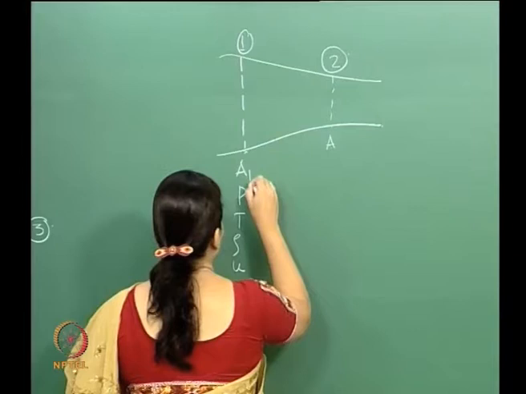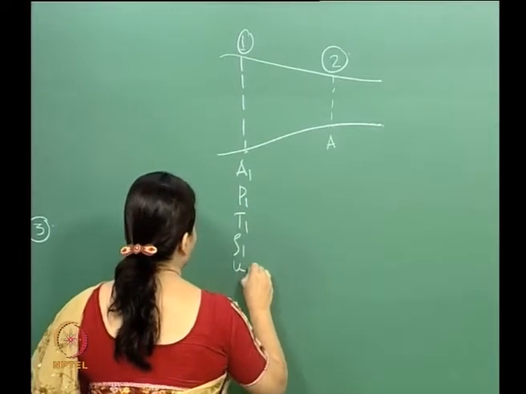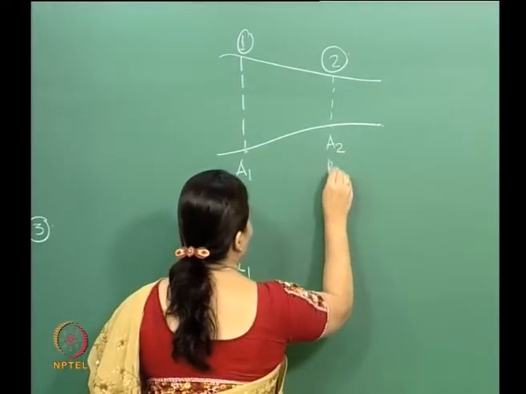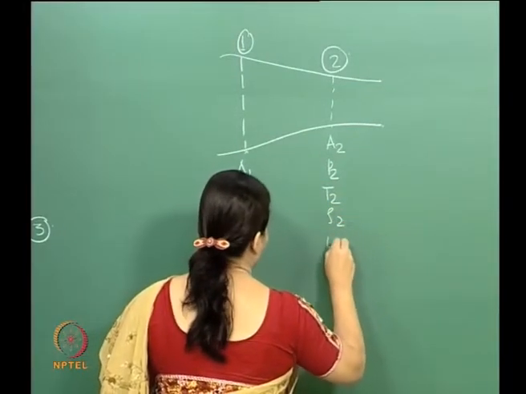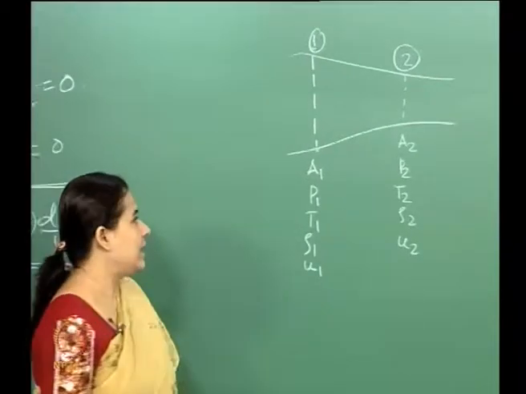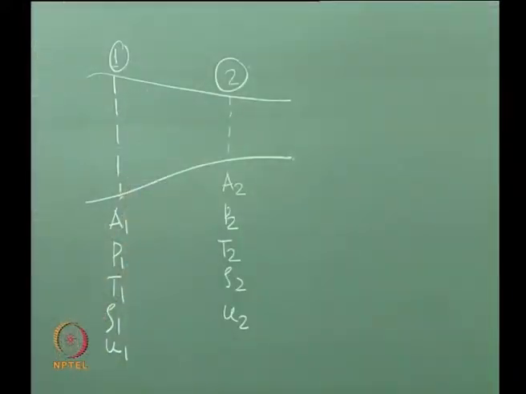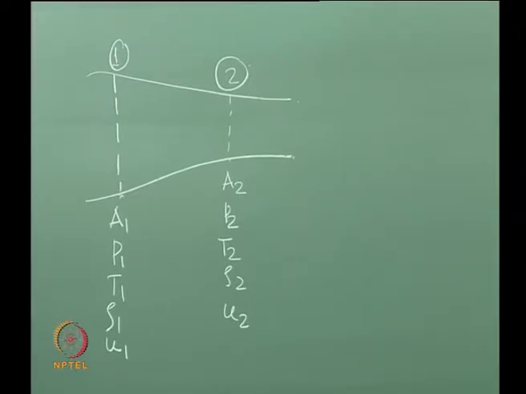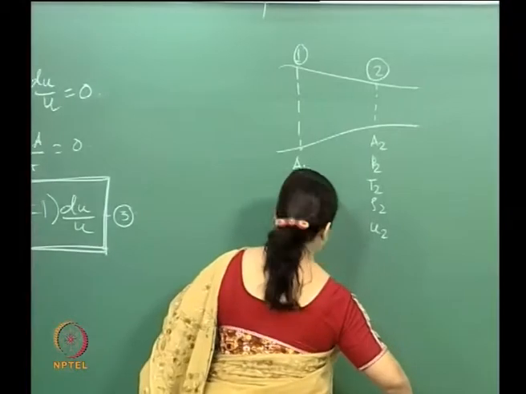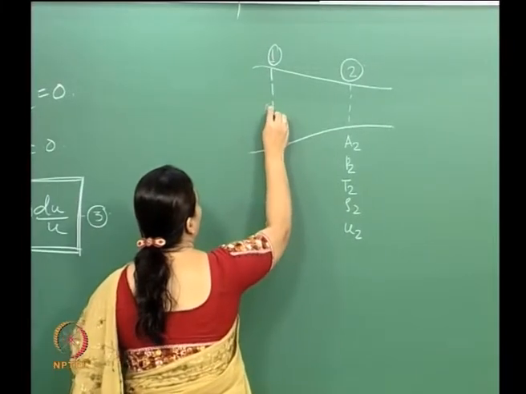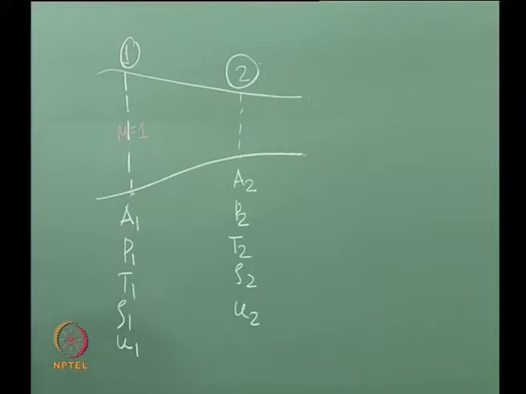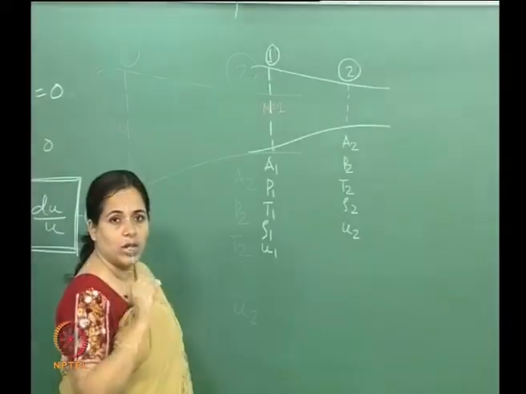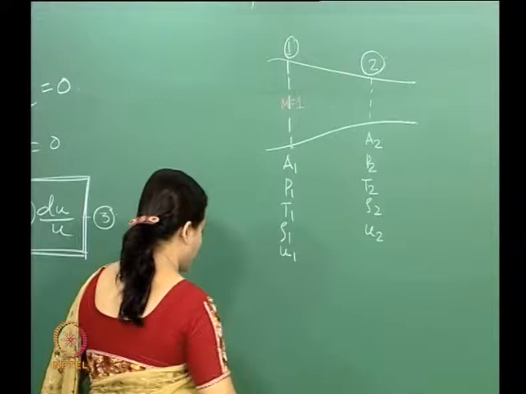So say A1, P1, T1, rho 1, U1, and A2, P2, T2, rho 2, U2. Now let us consider this location 1 as a throat, if you remember what that is. This is a location where the Mach number is equal to 1, and we denote the throat by a subscript star.